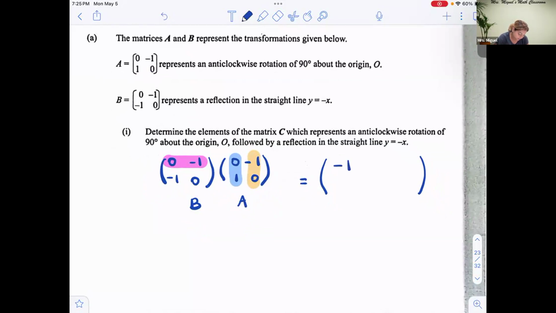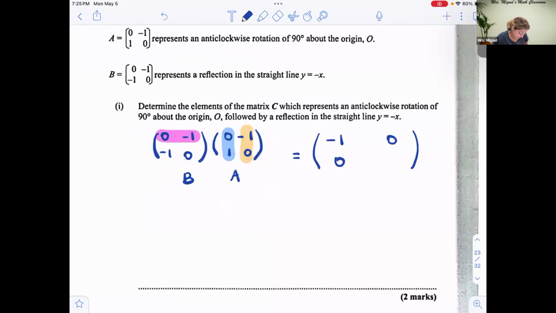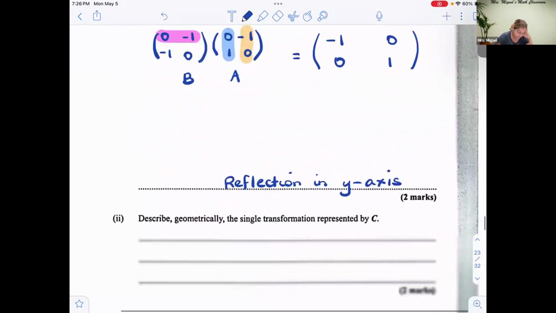So you get -1, then 0 by -1, you get 0 there. Then here you get -1, 0, 0, 0, 0. Then you get +1. So we have the same matrix, right? Which is -1, 0, 0, 1. And this is a reflection in the y-axis. So that seems to be a popular one.